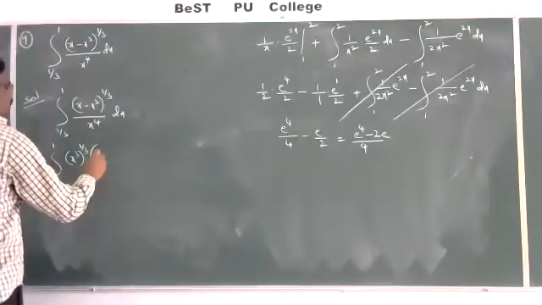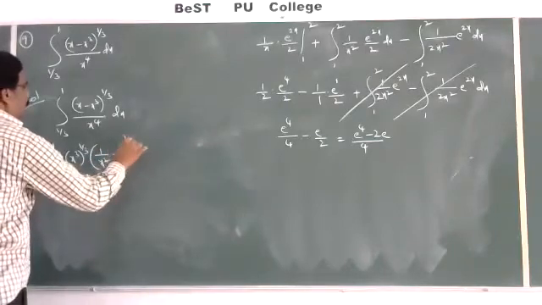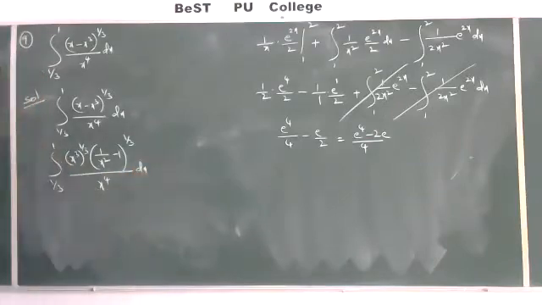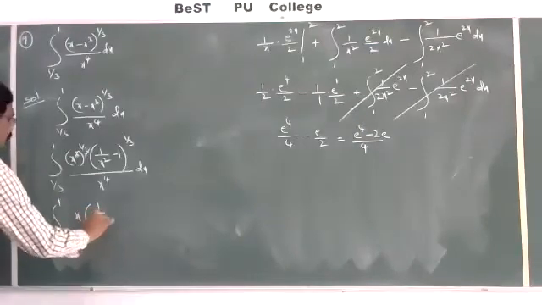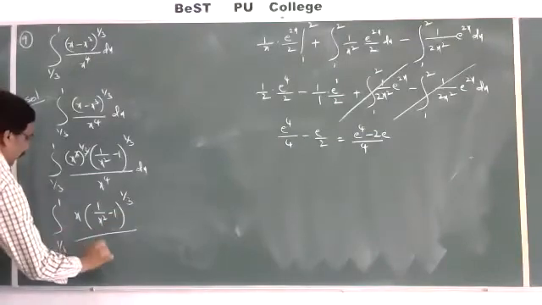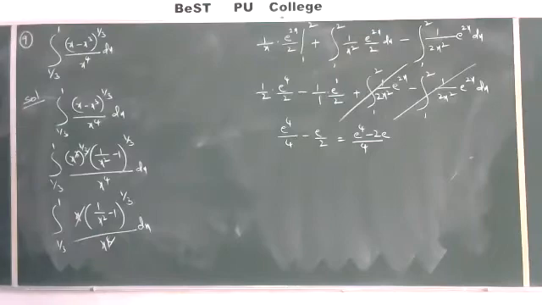That is, x by x cube is 1 by x square, minus 1, whole power 1 by 3 by x to the power of 4 dx. So here the 3 cancels. Integral 1 by 3 to 1, x into 1 by x square minus 1 whole power 1 by 3 by x to the power of 4 dx. The 1 x cancels.